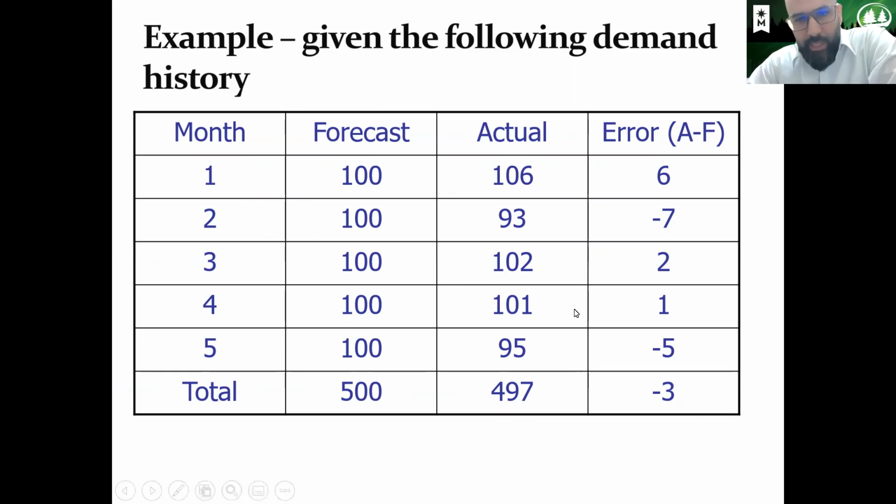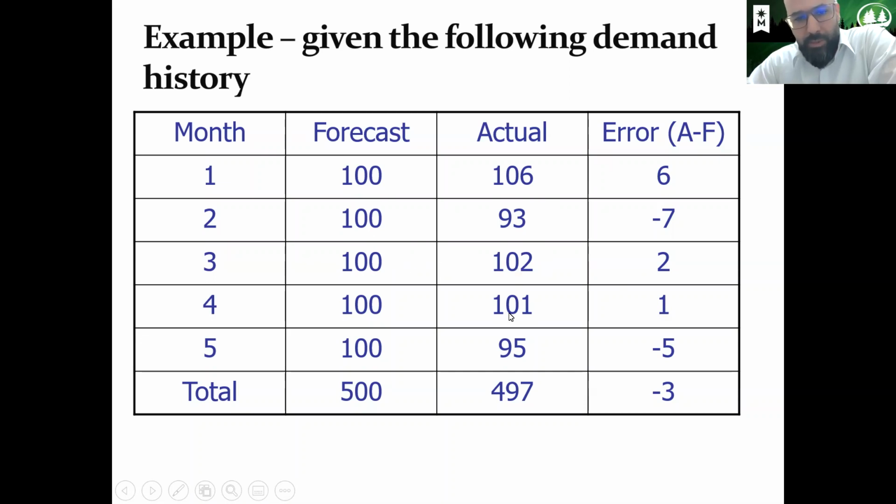So the forecasting error we see here is the 6, which is the 106 minus the 100. Then we have the 93 versus the 100, which is the minus 7. That's a forecasting error as well. For period 3 it would be 2, actual minus forecast, which is 102 minus 100.